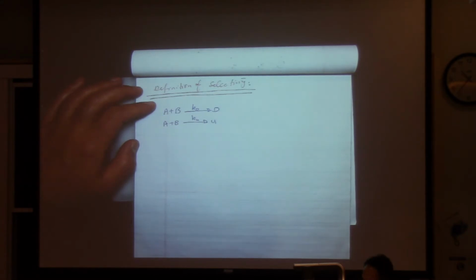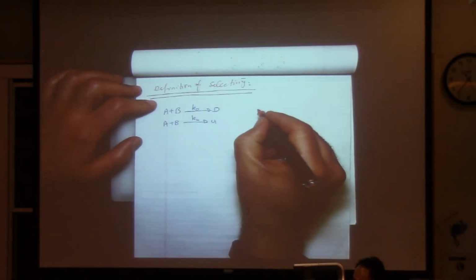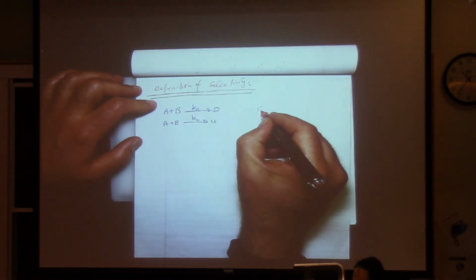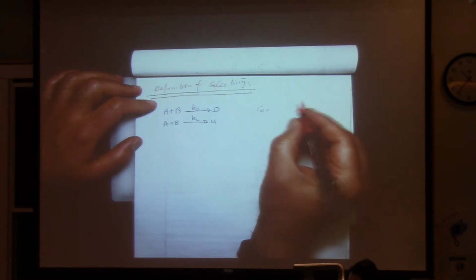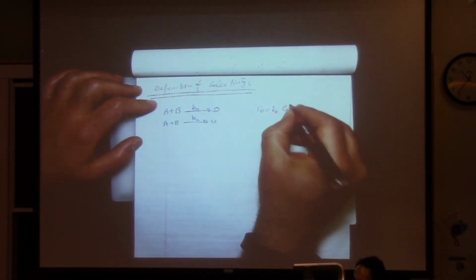Okay, so you can write the rate law for each of them. The rate of the desirable reaction would be KD CA squared CB.